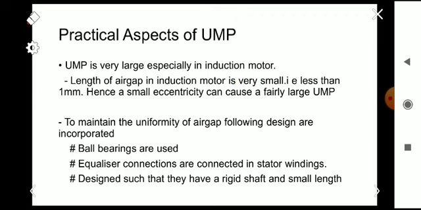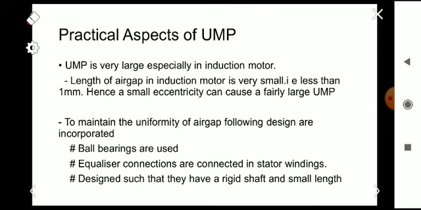This is because even a small eccentricity can cause a fairly large unbalanced magnetic pull, as the length of air gap in an induction motor is very small, less than 1 mm, in the order of millimeters. So a small eccentricity can cause a fairly large UMP. Every care must be taken to keep this air gap uniform around the rotor periphery.